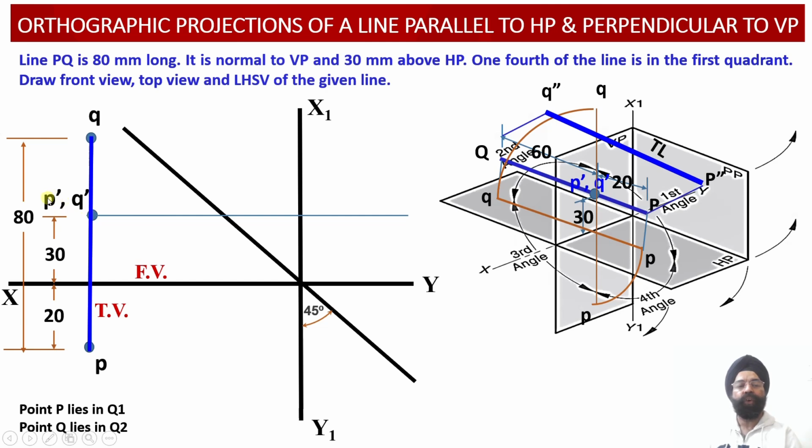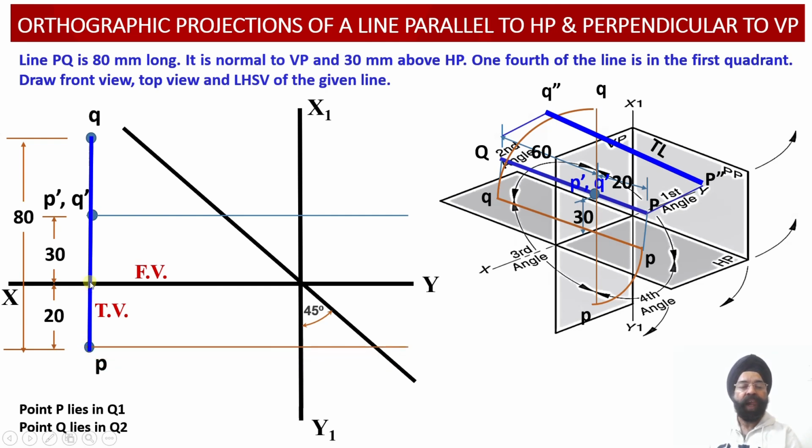So we are going to draw projection lines from the points P dash and Q dash and extend this horizontal construction line or projector line into the profile view projection over here. So into the profile view projection, we have extended this line at a distance of 30 millimeter above the horizontal plane.